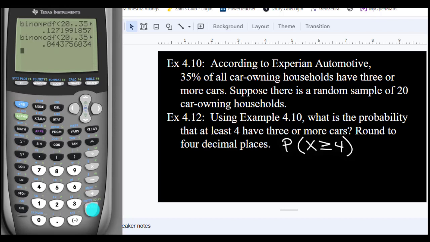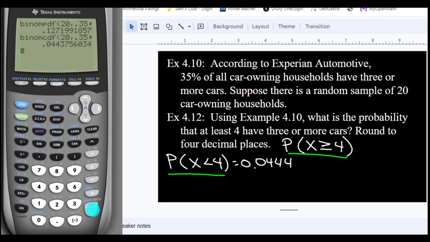But here's what we want to look at. We just found that the probability of X being less than 4 was 0.0444. This is where we have to pay close attention, because notice these are disjoint events, and in fact they're complements of each other.